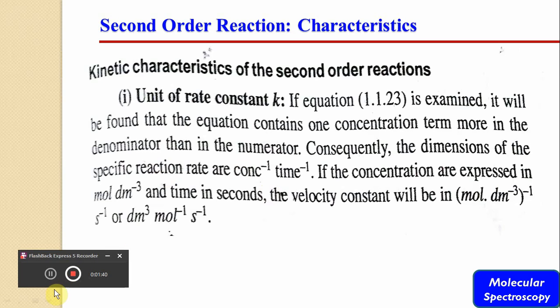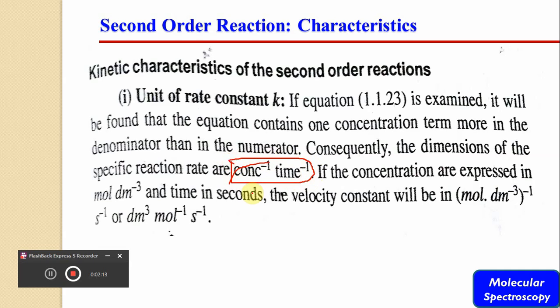Hence the first characteristic of the second order reaction is that the rate constant contains one concentration term in the denominator more than the numerator.